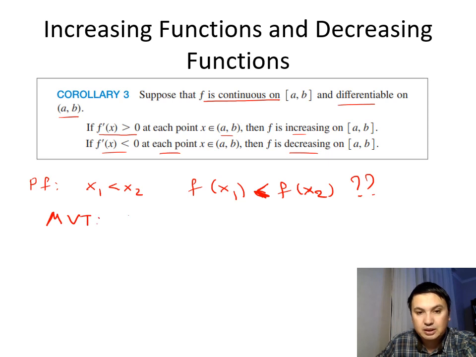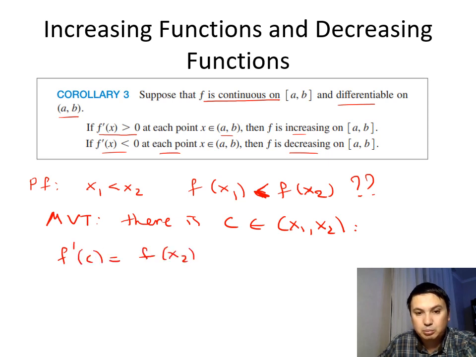We know that there is a c in (x1, x2) such that f prime of c is equal to f of x2 minus f of x1, divided by x2 minus x1.